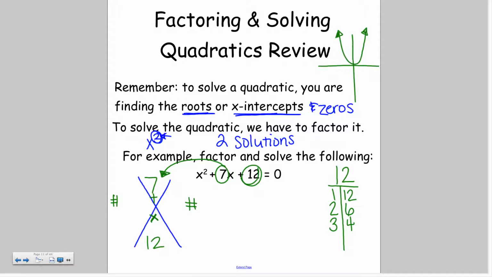Now, that is all the factors of 12. If I add them together, I need them to get 7. Well, these two right here are going to give me that. So my numbers are 3 and 4.